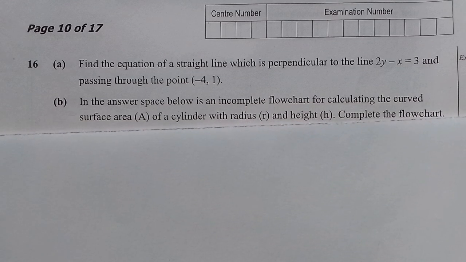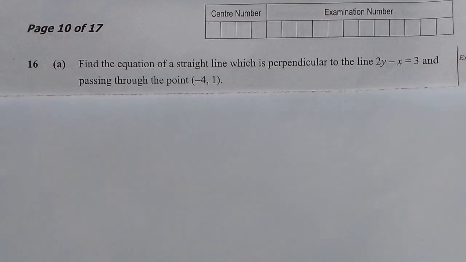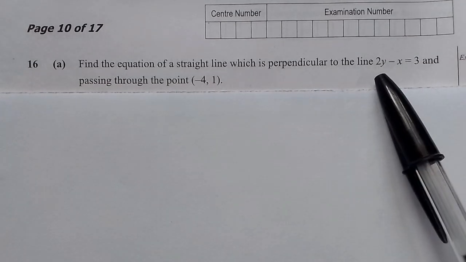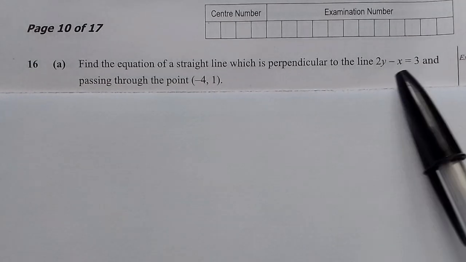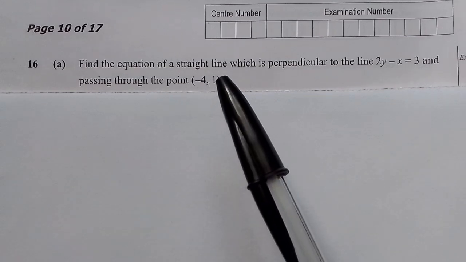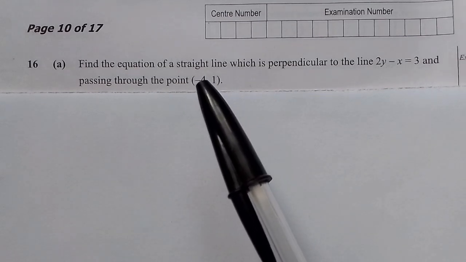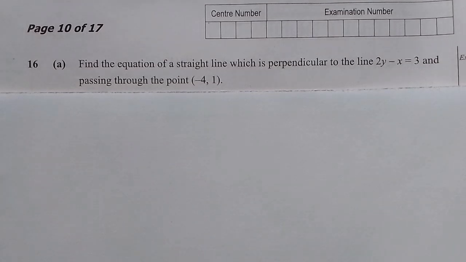So for now we go to question 16A. We want the equation of a straight line perpendicular to 2y minus x equal to 3 and also passing through the point negative 4, 1. So how do we do this process?